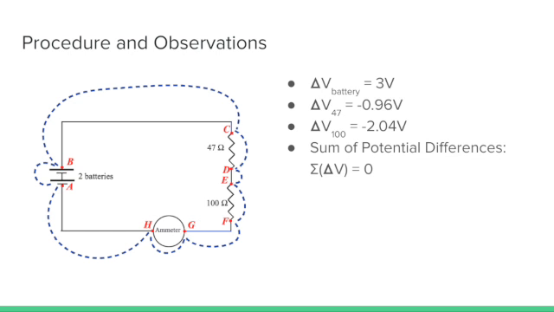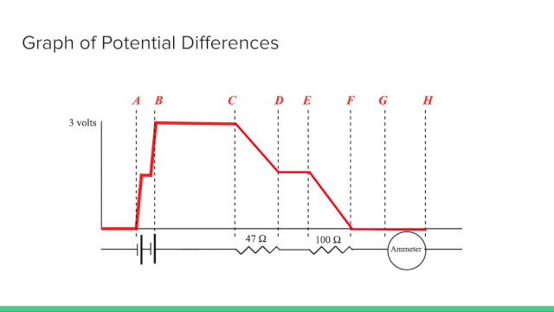And the same for the 100 ohm resistor, you'll get negative 2.04 volts. And then the sum of the potential differences around this whole circuit will be 0. And this graph shows the changes in potential differences from the battery to the resistors and to the ammeter.